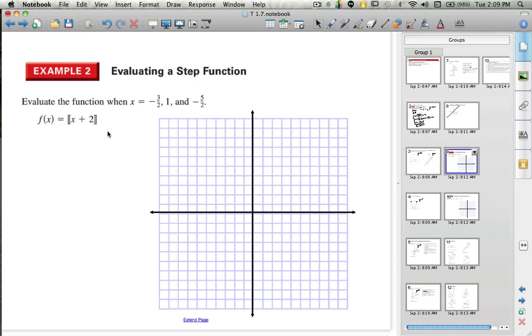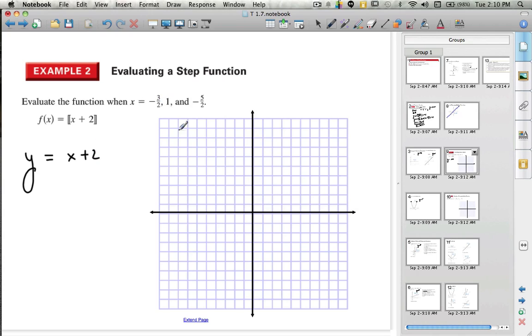If I want to evaluate a piecewise function, it depends on what value I use. Now remember, another way I could write this is that y is equal to x plus 2, but I use it only for intervals of integers.